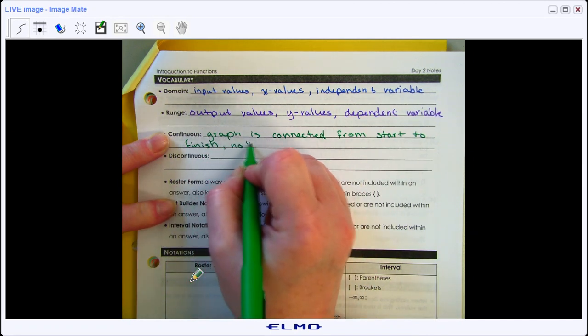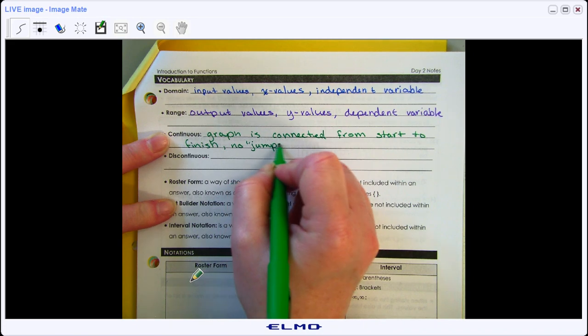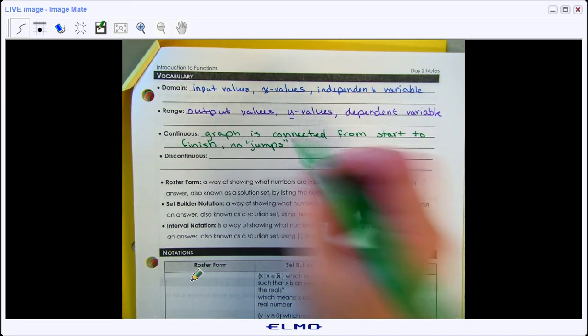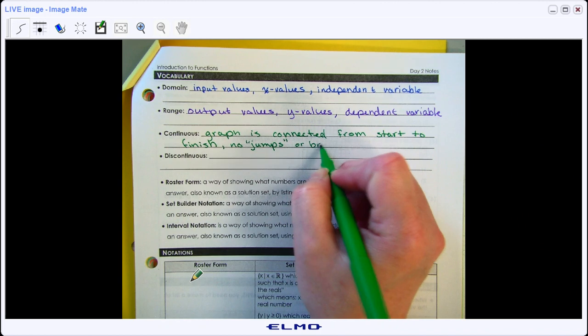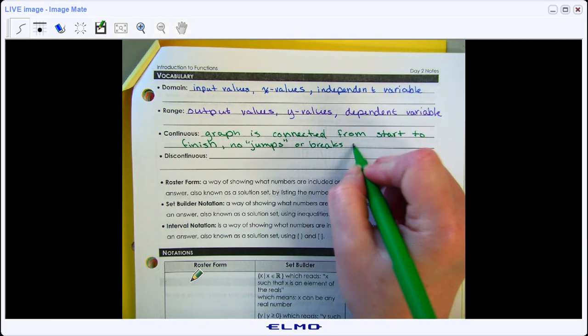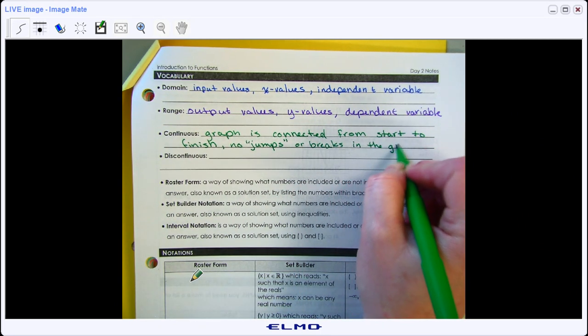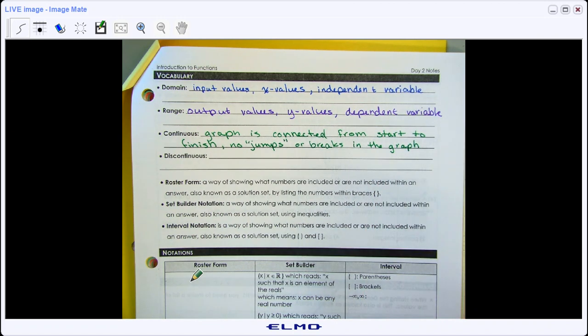So there's no, as I like to call them, jumps or breaks in the graph. So I tell students a lot as we're drawing them, your continuous graphs, you could draw that graph without picking your pencil up at all. So like our lines that we've been doing, so our linears that we've been doing, that would be a continuous graph because you could draw that whole line without once having to pick your pencil up off of the paper. So those are our continuous graphs.